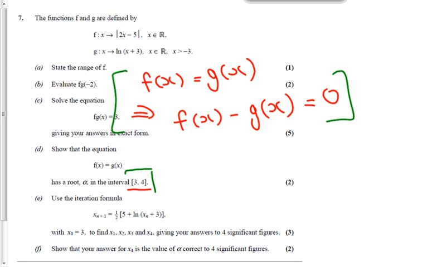Now, I don't really need to do this, but I could even go one further and say let h of x equal f of x minus g of x.